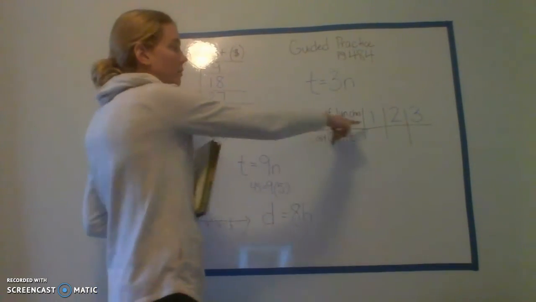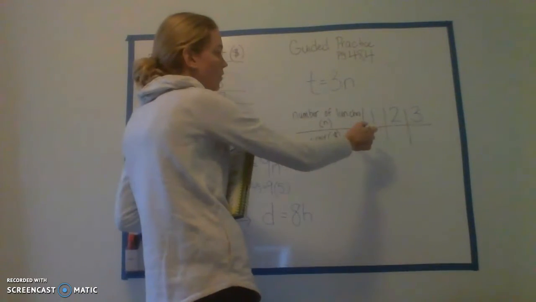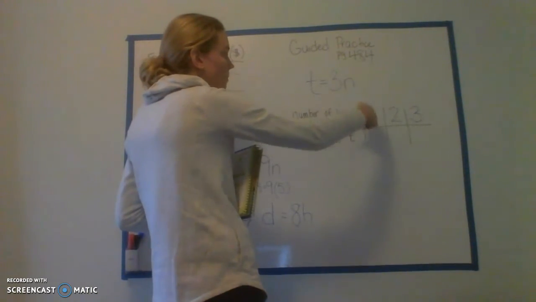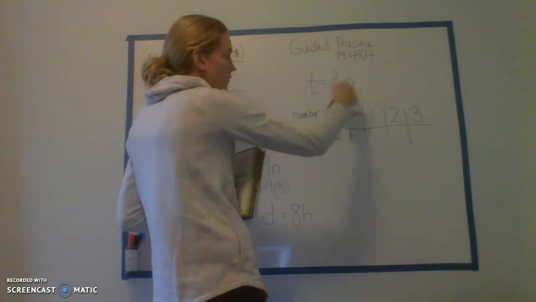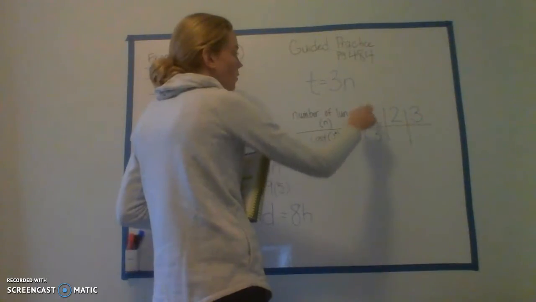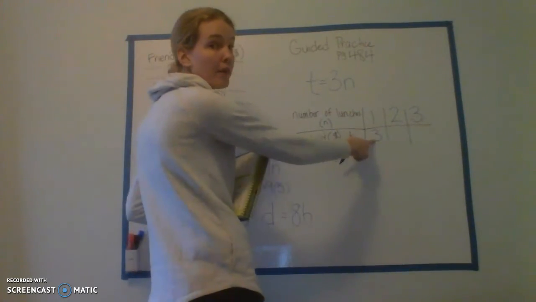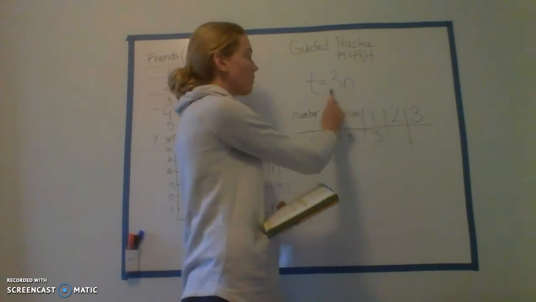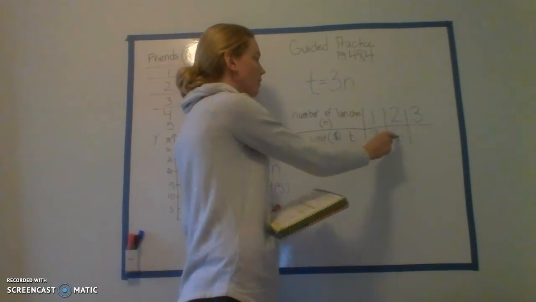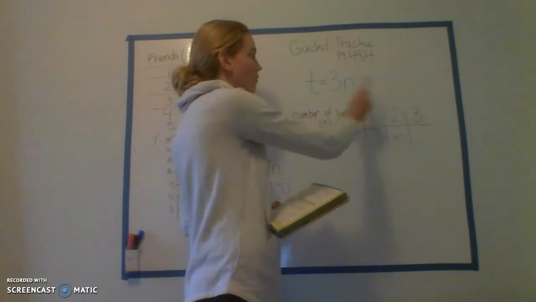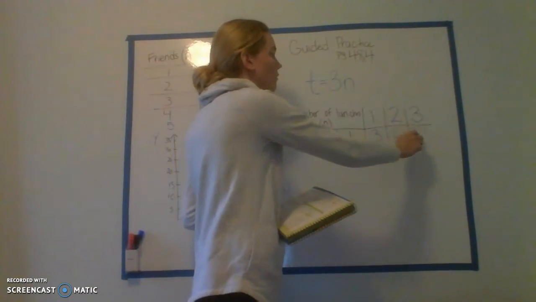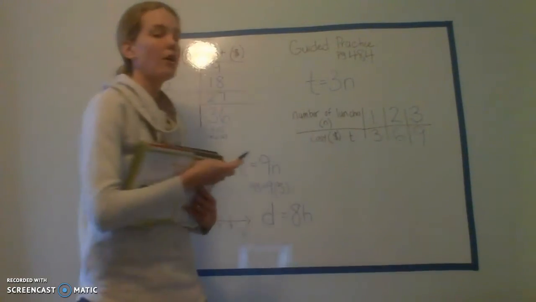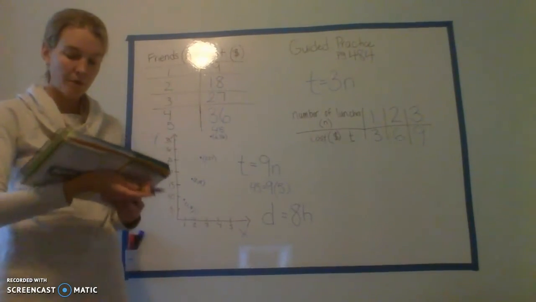Now I'm able to plug these numbers into my equation, okay? 3 times N. 3 times 1 is 3. So 1 lunch is $3, which makes sense because that's what the question told us. 2 lunches, 3 times 2 is $6. 3 times 3, 3 lunches is going to be $9. So now you have your function table completed.